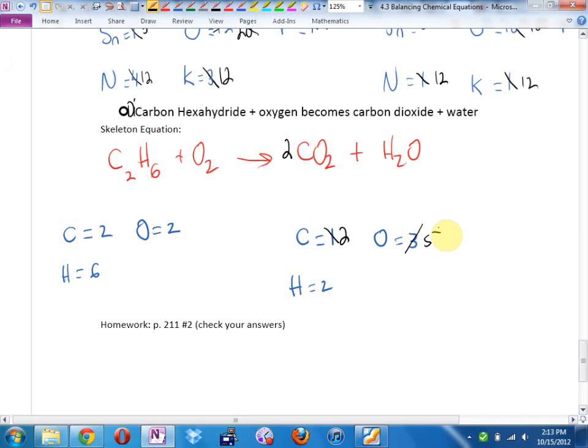Let's try hydrogen. How many hydrogens do I have on the left-hand side, Justine? 6. How many on the right? 2. I think I can turn a 2 into a 6, yes? Yes. How? Multiply by 3. So let's put a 3 here, and that's going to make this a 6. Oh, that's going to change the number of oxygens on this side again.